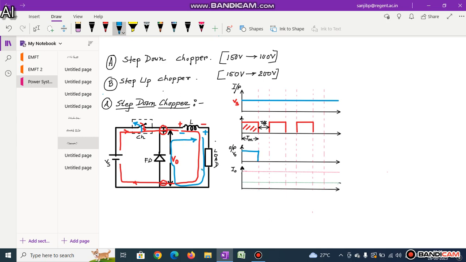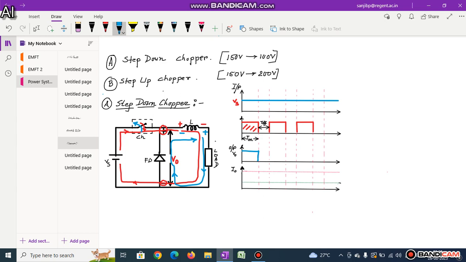So this is the path of the current. Now the current flows through this diode. This diode is known as a freewheeling diode or feedback diode, because as the switch is off, there is no way for the current to flow through the switch, so there is only one path. That's why it is called a freewheeling diode.